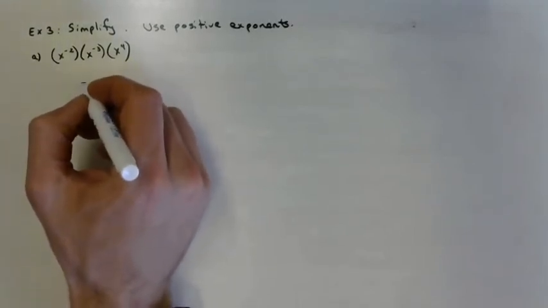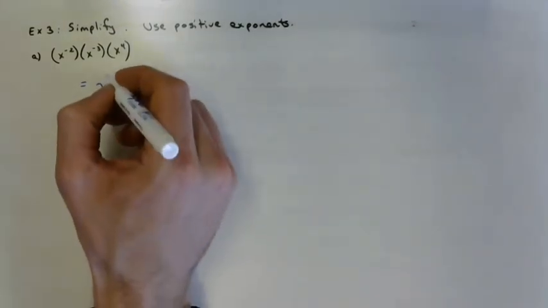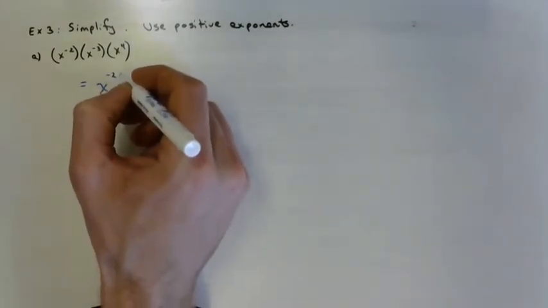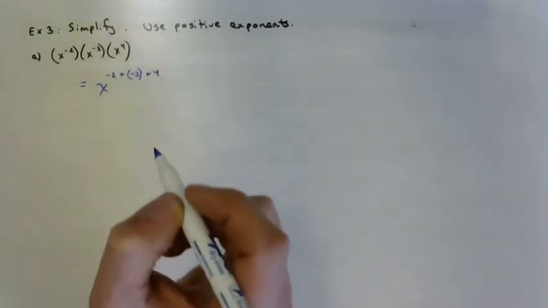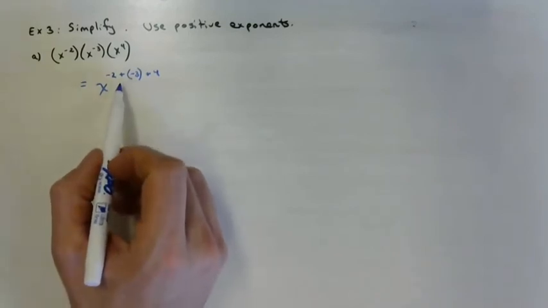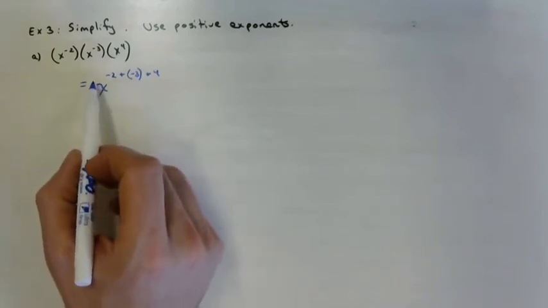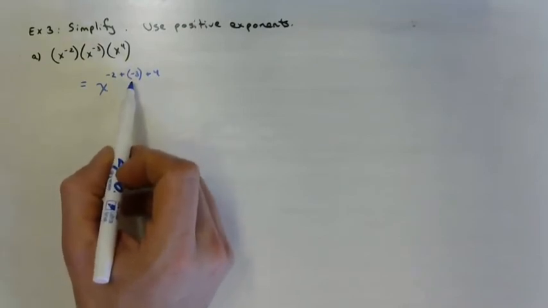What does the product law say? It says that you can keep the base and add the exponents. Okay? Now, I wrote a plus sign in here because the rule is to add the exponents, but plus -3 is just the same as -3. Okay?